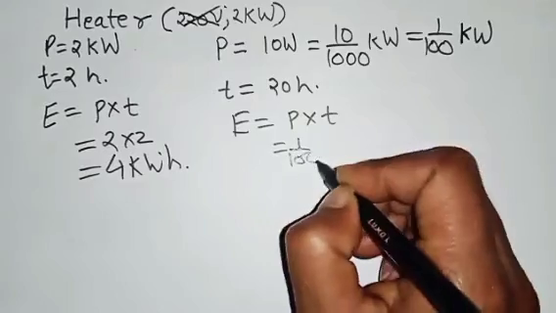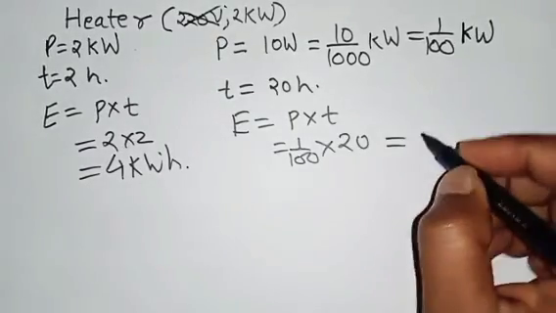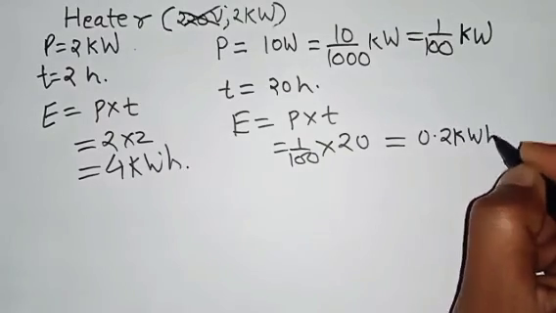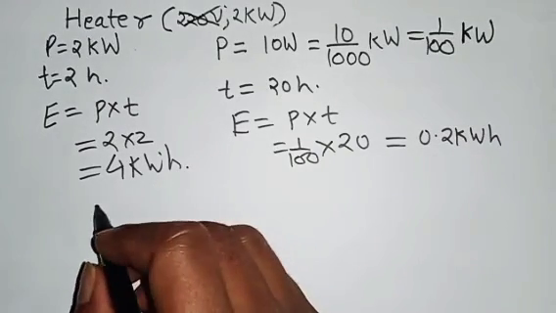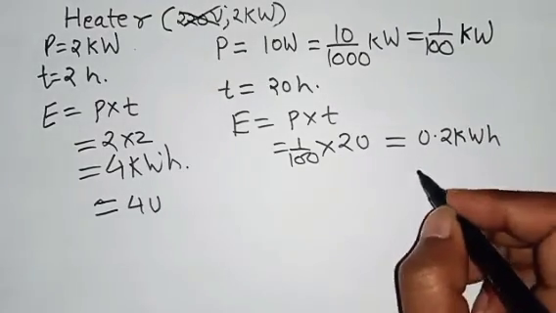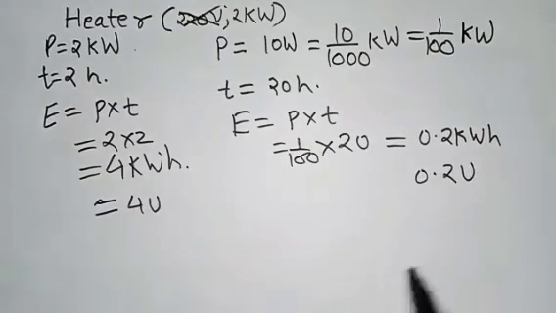So 1 upon 100 into 20, that is 0.2 kilowatt hour. 1 kilowatt hour is 1 unit, so it is equal to 4 unit, and it is equal to 0.2 unit. So more is the kilowatt rating, more is the energy consumption.